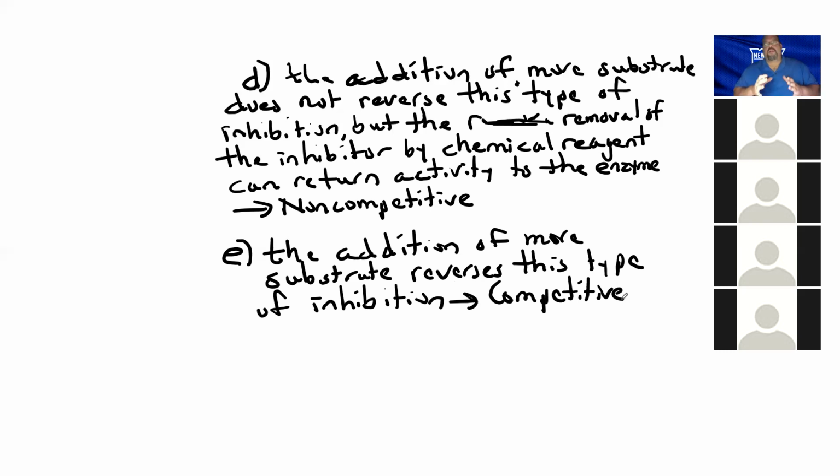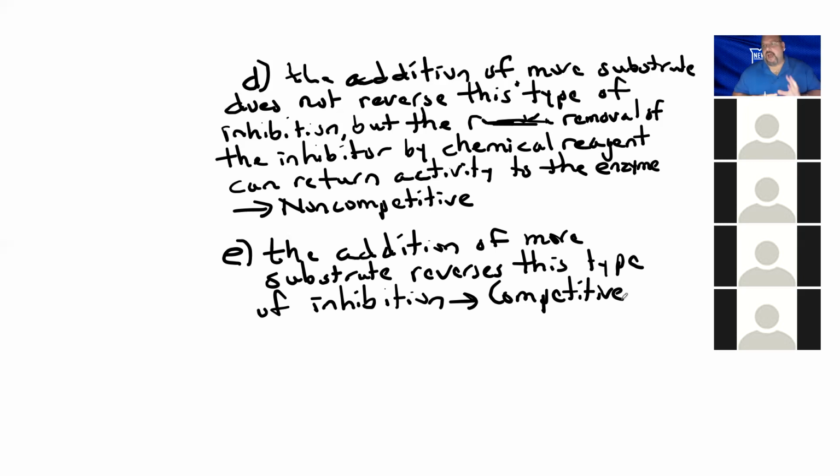Because since it's a race between the inhibitor and the substrate for the active site on the enzyme, if we add more substrate, we could tilt the odds in favor of the substrate getting to the active site first.